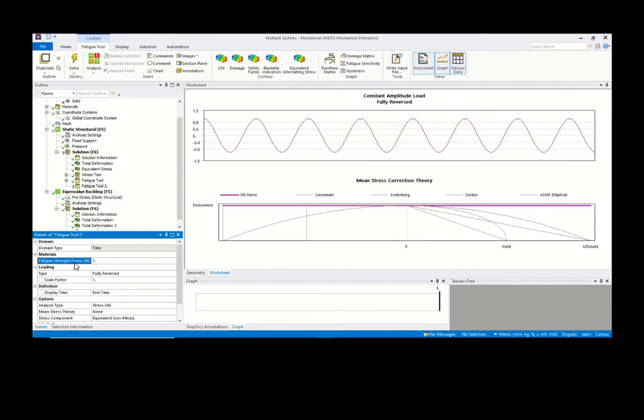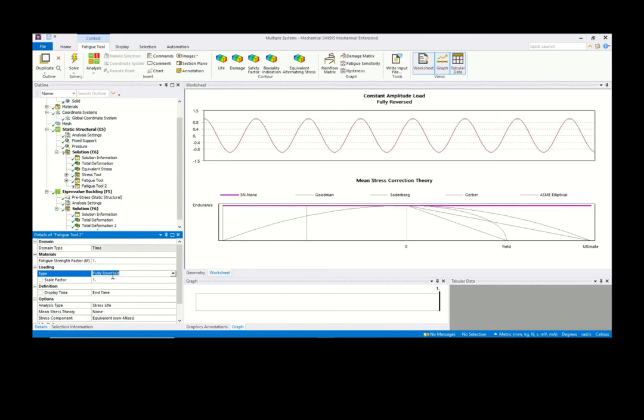Basically the fatigue strength factor scales your stress. If you are using equivalent stress as your cyclic load, 1 means 50, negative 50, 50, negative 50. If you put 2, then it is 100, negative 100, 100, negative 100. Okay, so that is what it means.